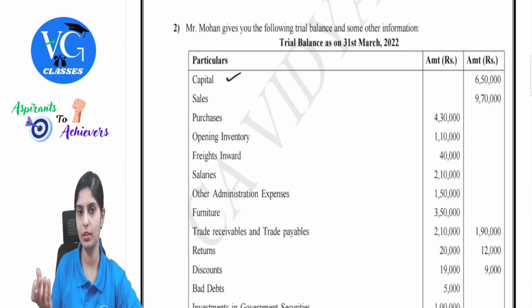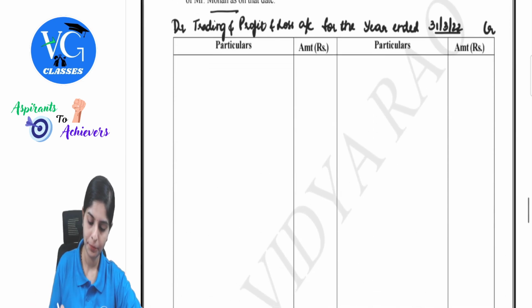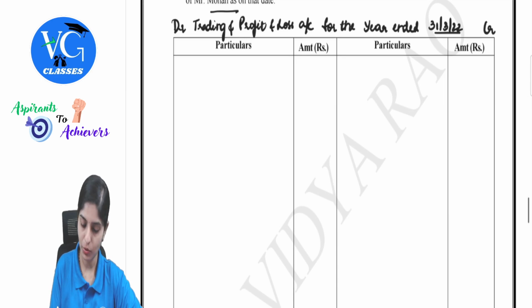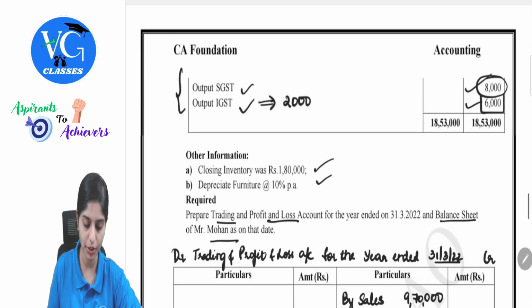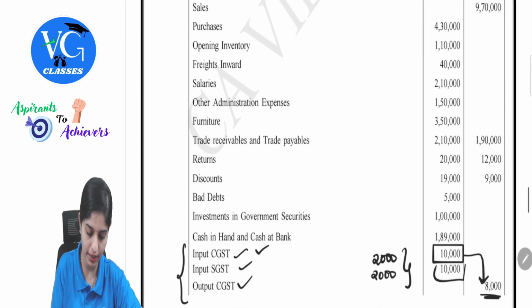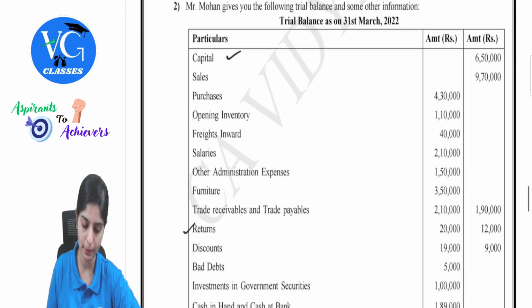If nothing is mentioned, that becomes our base. Sales, 9,70,000. This comes in which account? Trading account. By sales, 9,70,000. Why am I writing in the inner column? Sometimes there might be returns. We have not run through the entire question yet. See, there are returns. So it is always better to enter it in the inner column.